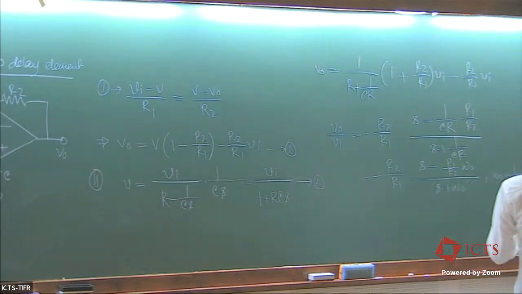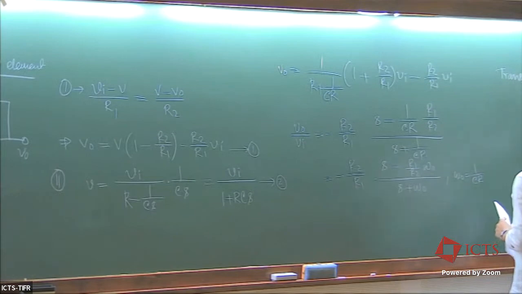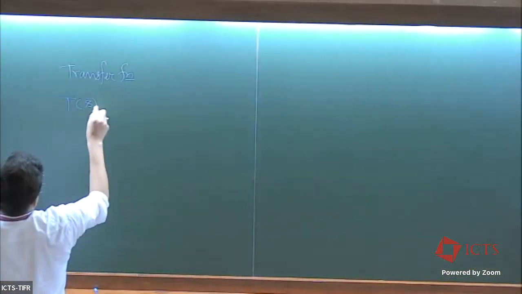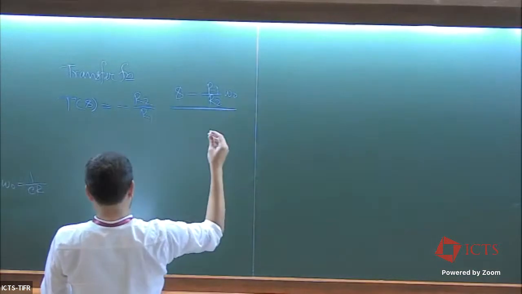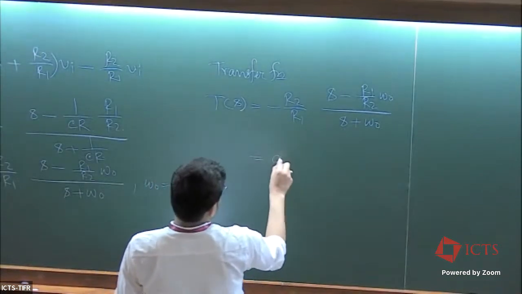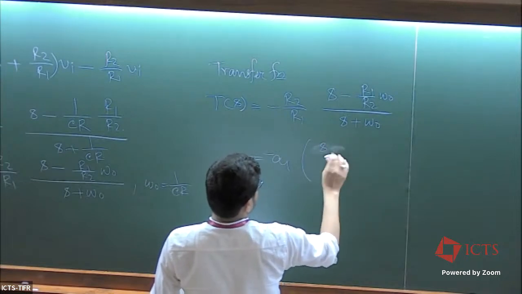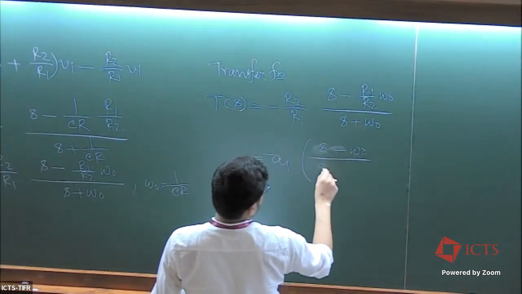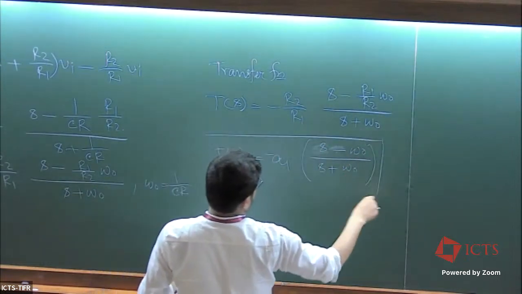So the transfer function becomes T of S is equal to minus R2 by R1 (S minus R1 by R2 omega 0) divided by (S plus omega 0). In general, we can write it as minus A1 (S minus omega 0) divided by (S plus omega 0). So this is the transfer function of the all pass filter.